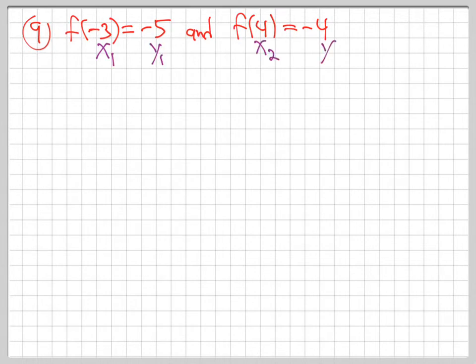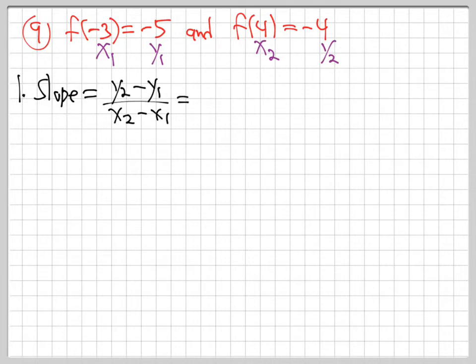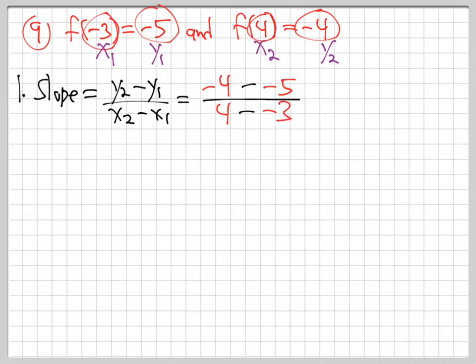x1, y1, x2, y2. So step 1 is slope, which is y2 minus y1 over x2 minus x1. So we grab y2, -4, minus y1, -5, over x2, which is 4, minus x1, which is -3.